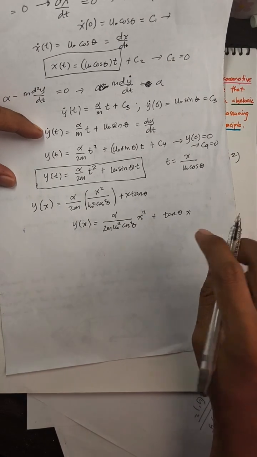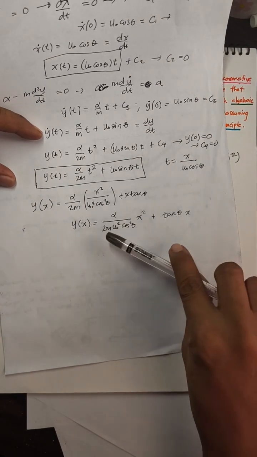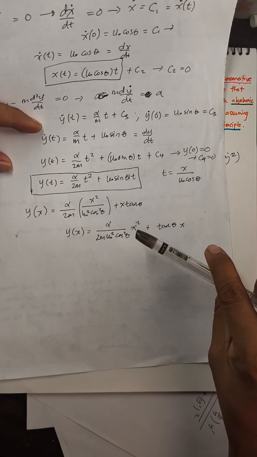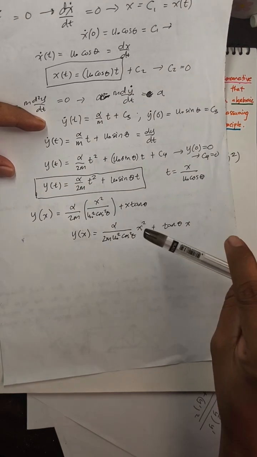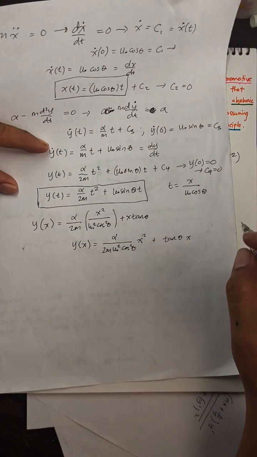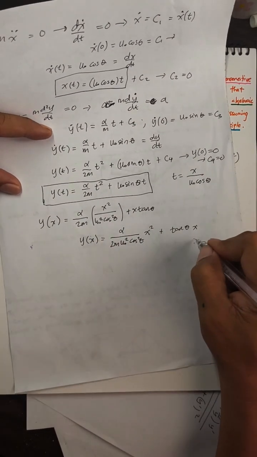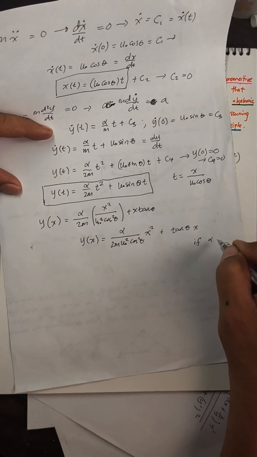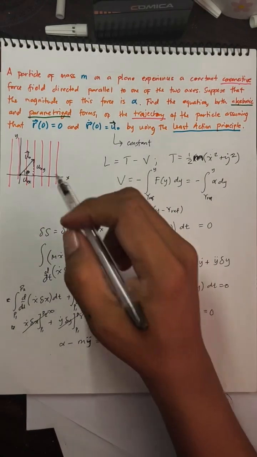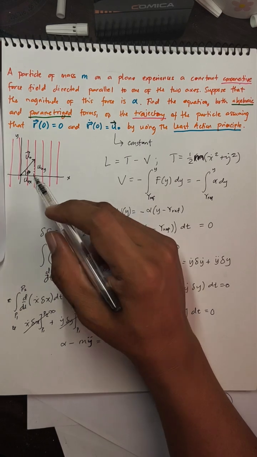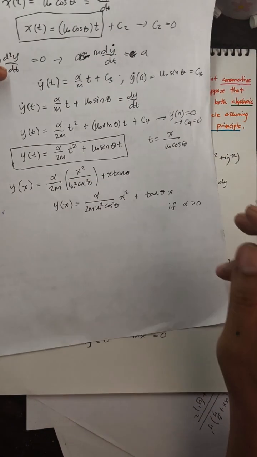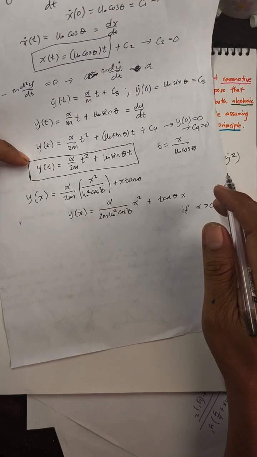Notice that it is a parabolic path. We would expect a parabolic path, and depending on the direction of alpha, let's investigate this. What if alpha is negative? If alpha is positive first, this will be positive, meaning that it's opening up. And where does the vertex of this lie? We can calculate the vertex, find b.